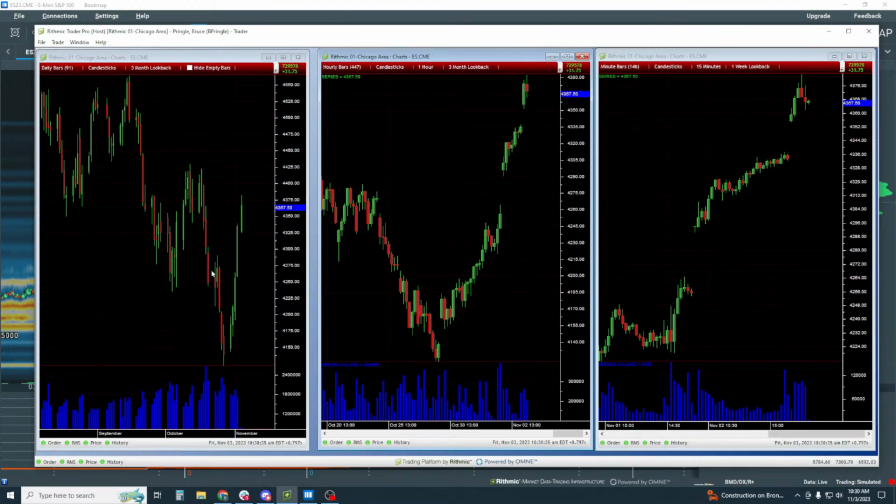So in these extended moves, now look at what's happening in here on the daily. This was a pretty strong move to the downside. Here's our pullback followed by another strong move. Here's our consolidation period. This is a huge flag right in here. Here's your consolidation, here's your breakaway, here's your pullback, and there's your continuation. Now in here, there's not a lot of price action.